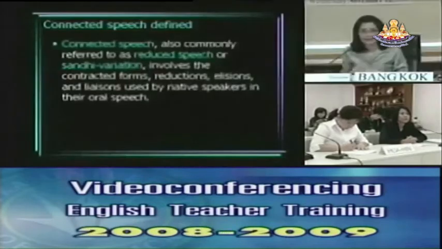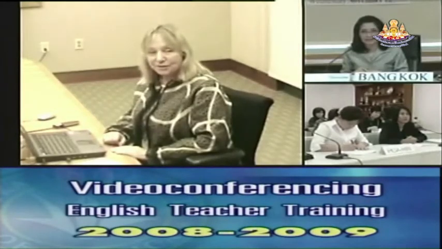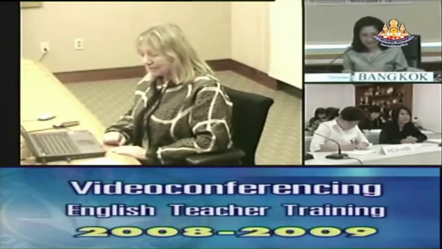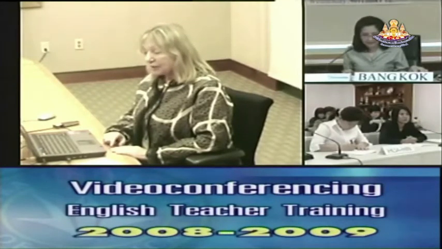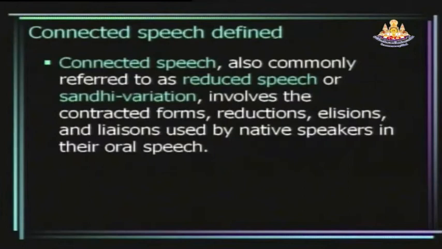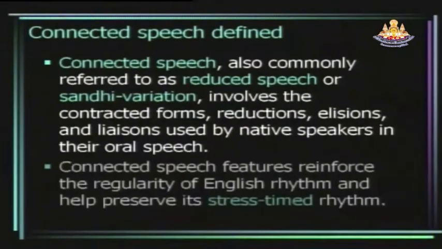So what do I mean when I say connected speech? Let's define the term. Connected speech is also sometimes called reduced speech, or a more technical term, Sandhi variation. Connected speech involves contracted forms, reductions, elisions, and liaisons that are used by native speakers in their oral speech. And I will be talking about each one of these, so don't worry again if you don't know all of this terminology.